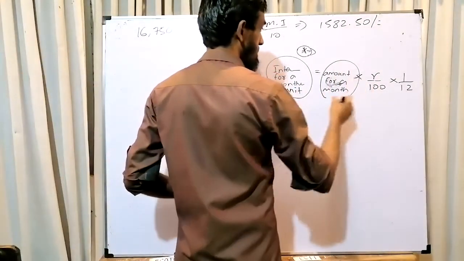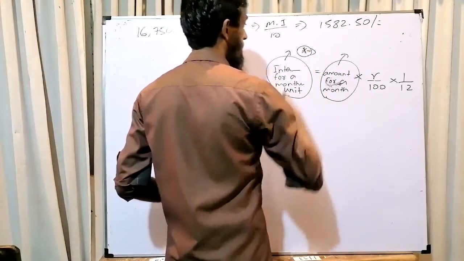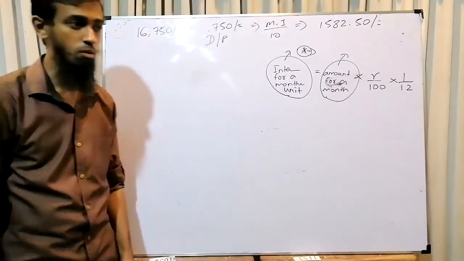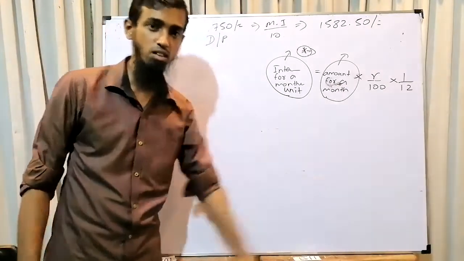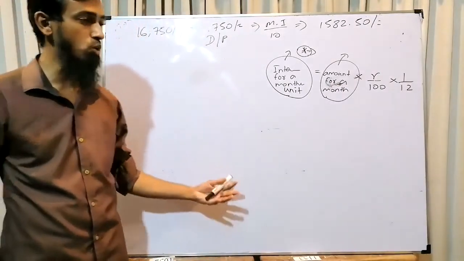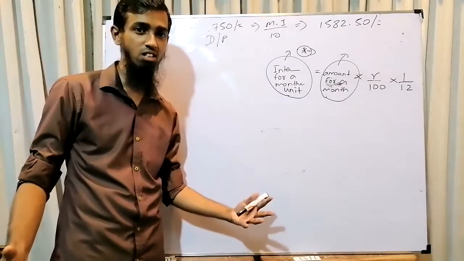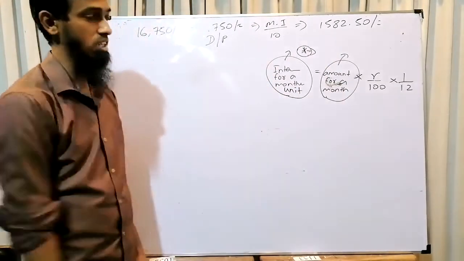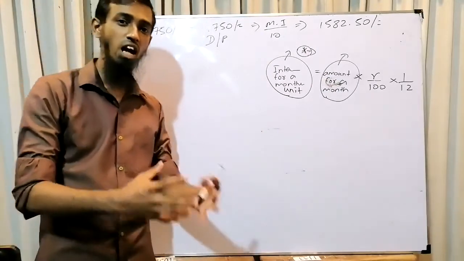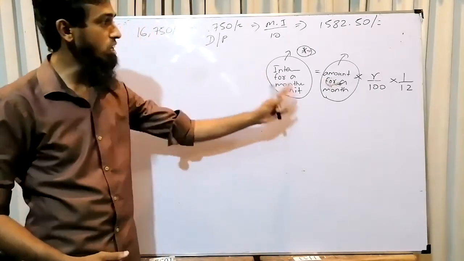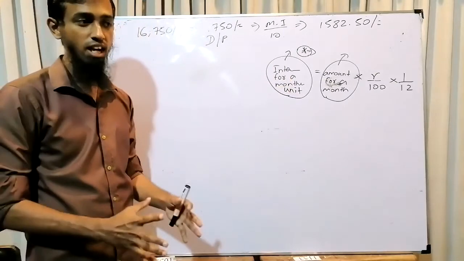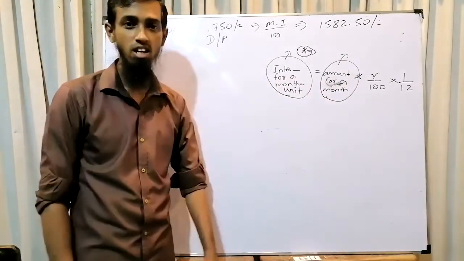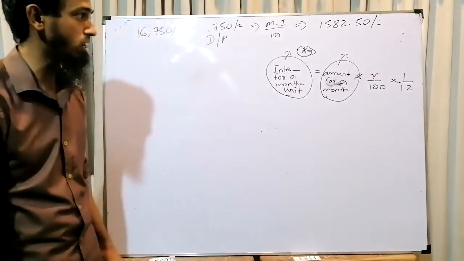Secondly, we need the amount for a month. What is the amount paid each and every month? Okay, these are the two. If you find these two, you can go for the rate. So remember this connection. If a question asks you to find the rate, you need these two. If you have these two, you can easily find the rate. So we can go for it.